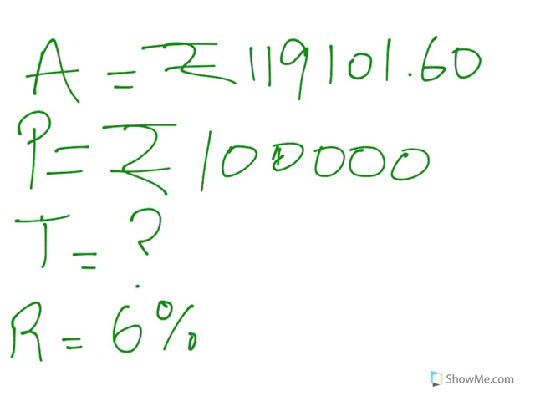Okay, so we know what we know, and we also know that time is what we have to find out. So, again, this is using that same basic formula. Let's start off.